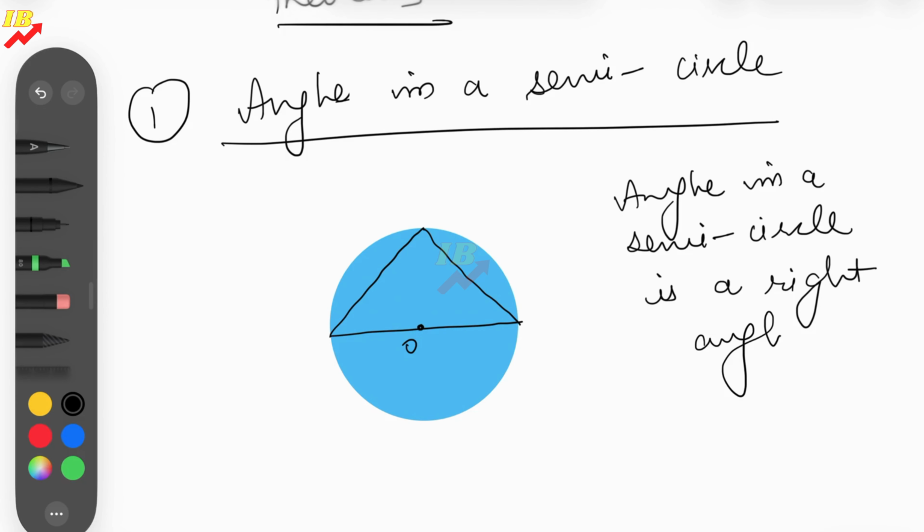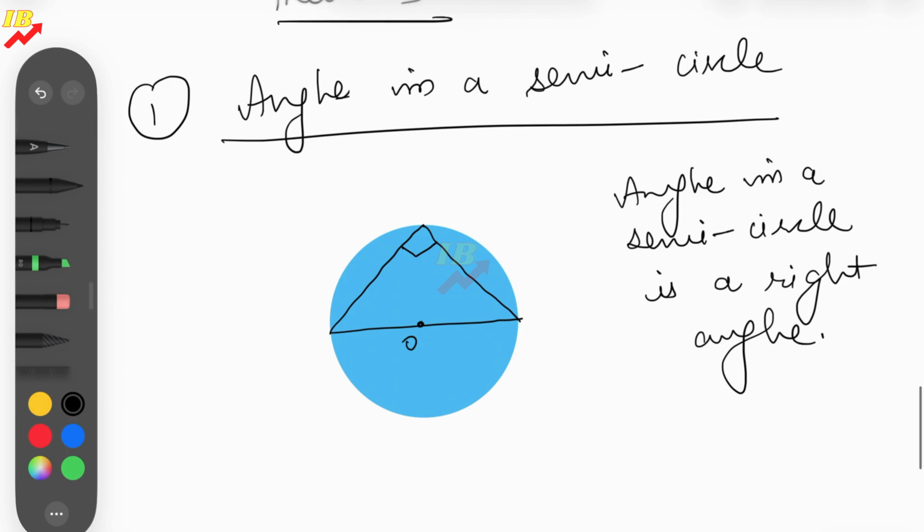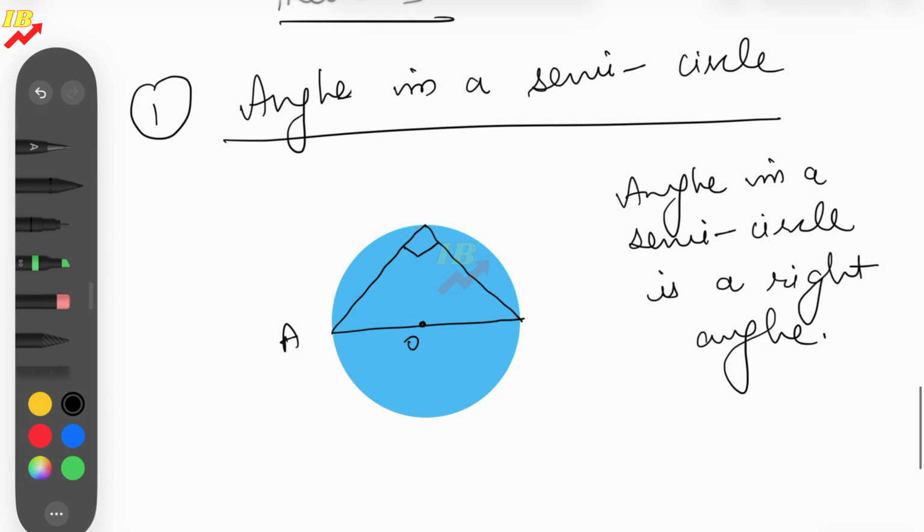This is a very easy and interesting property: if you mark two lines from the diameter making an angle on the circumference, it makes 90 degrees. Let's name it: angle ABC is 90 degrees.